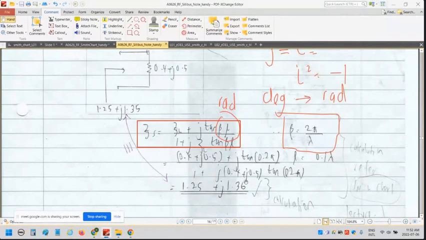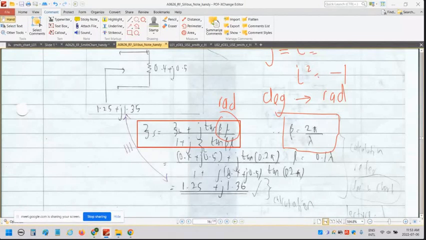What value you got? Okay, 1.247, and if you change to 2 decimal place, you got 1.25, right? And then for the J, what value you got? 1.3569.